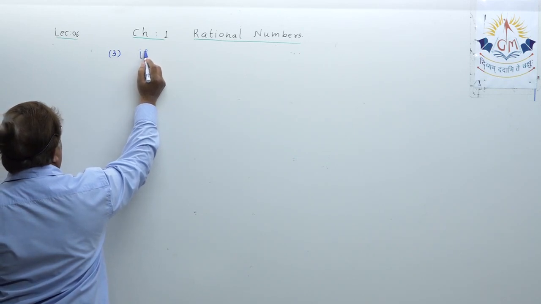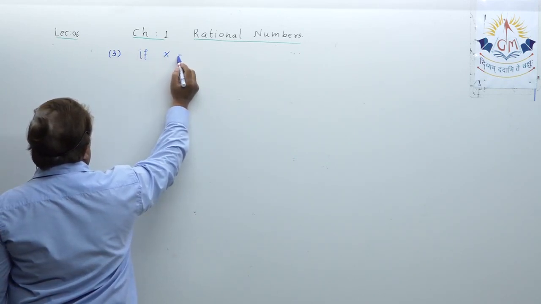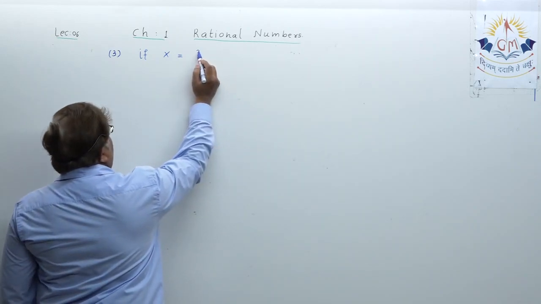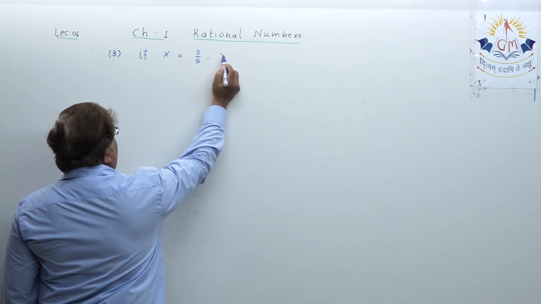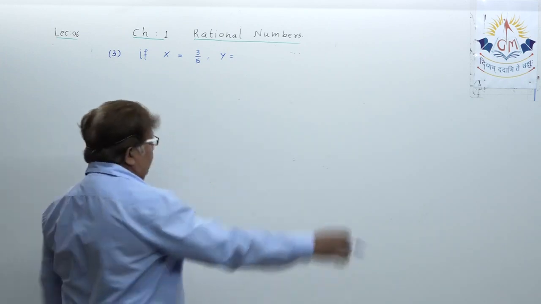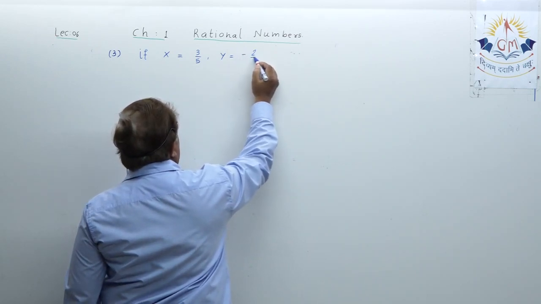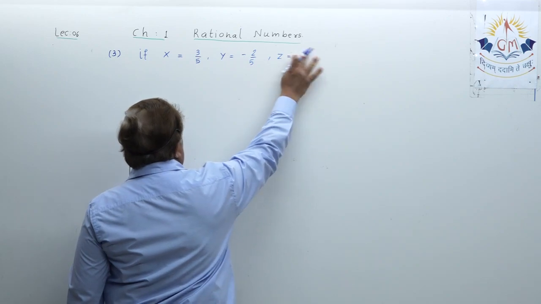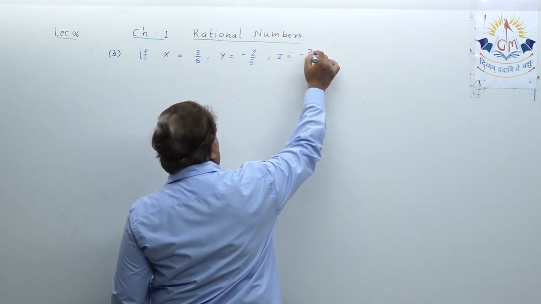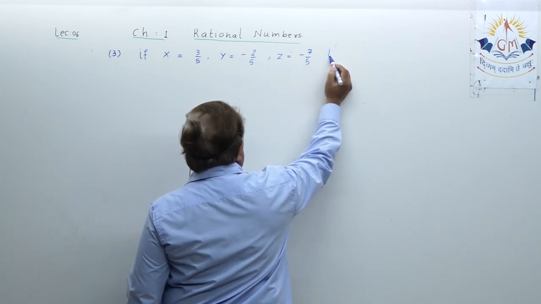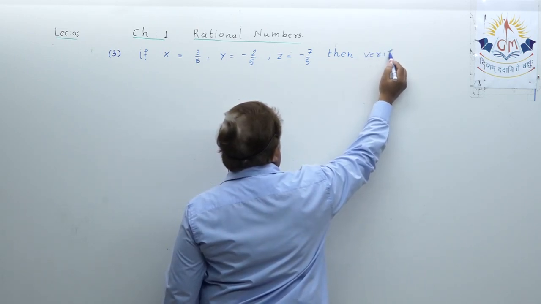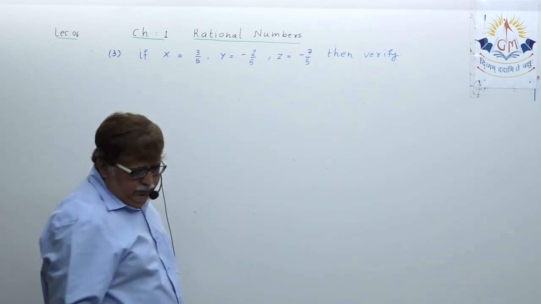Please note down: if x equals 3 upon 5, y equals minus 2 upon 5, z equals minus 7 upon 5, then verify.